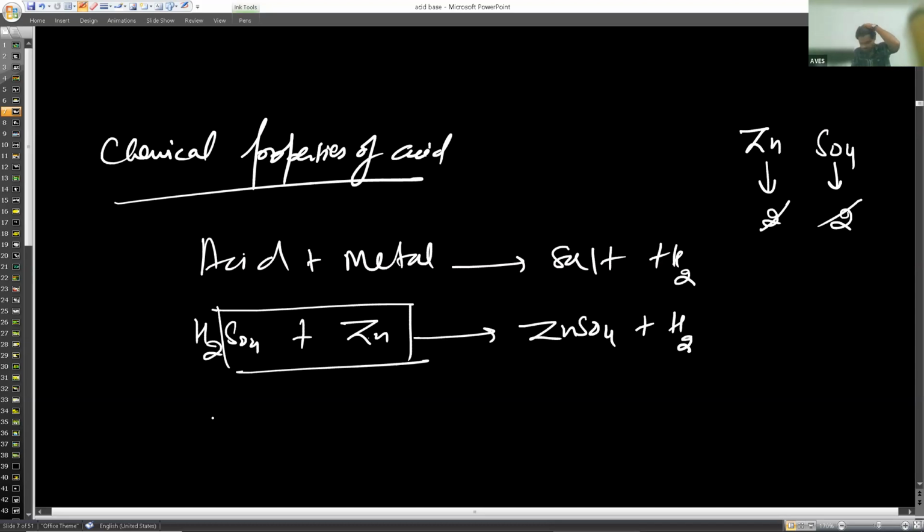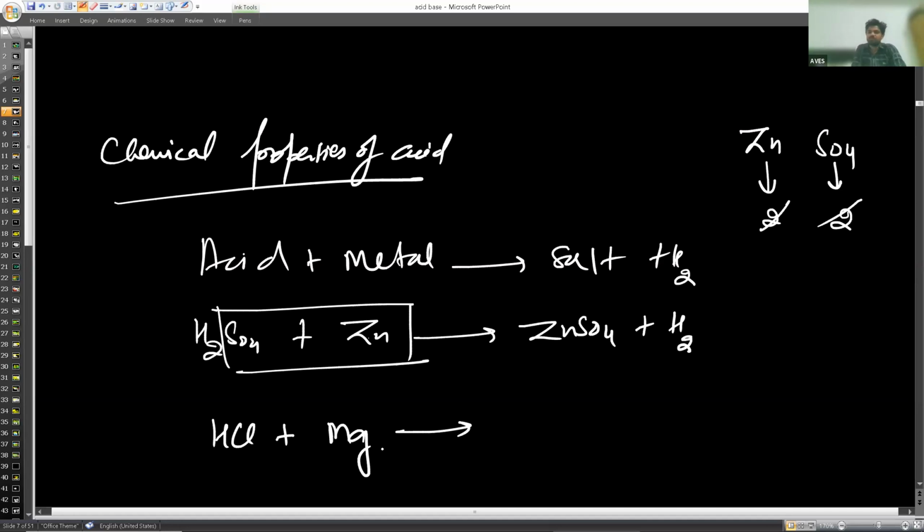Yes, sir. So H2SO4, when reacted with zinc, will give ZnSO4 plus hydrogen gas. Then HCl, when reacted with magnesium, what is it going to give you? Tell me the name of the salt.